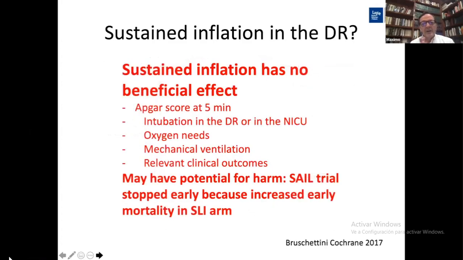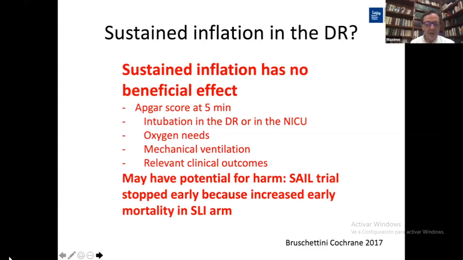So regarding sustained inflation, we didn't see any beneficial effect in the delivery room, like Apgar scores at 5 minutes, intubation in the delivery room or afterwards in the NICU, the oxygen needs, mechanical ventilation, or relevant clinical outcomes such as BPD, ROP, etc. They didn't benefit from the use of sustained inflations.